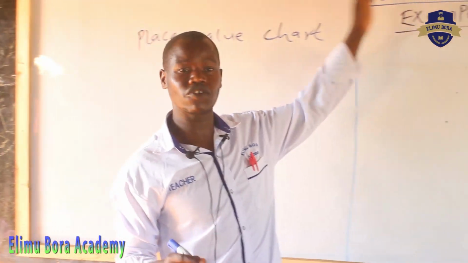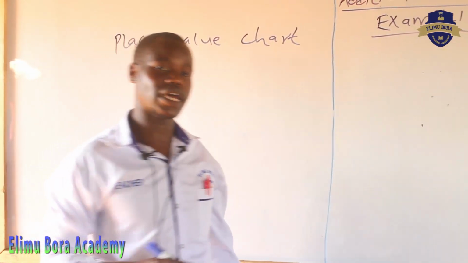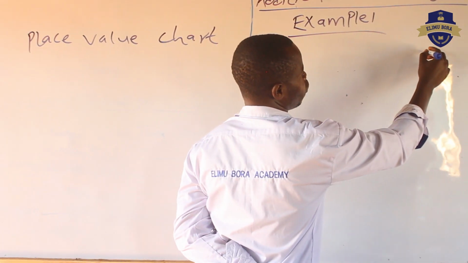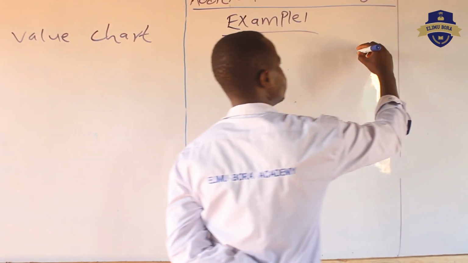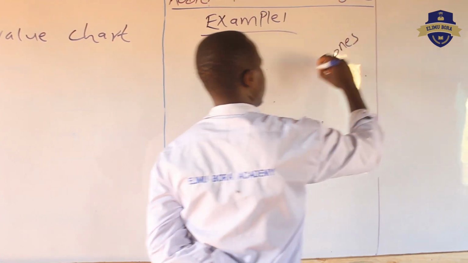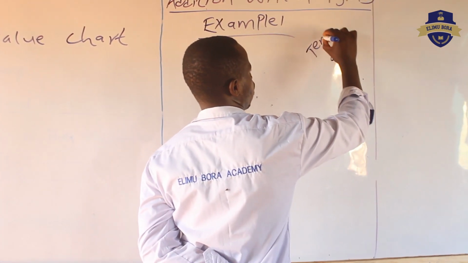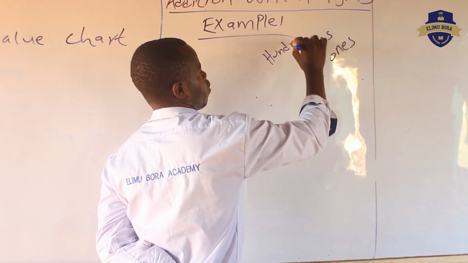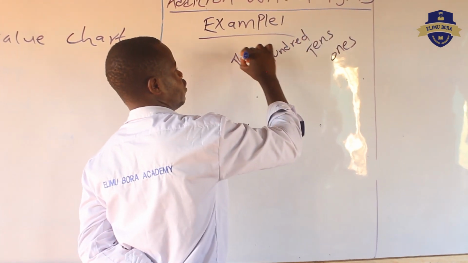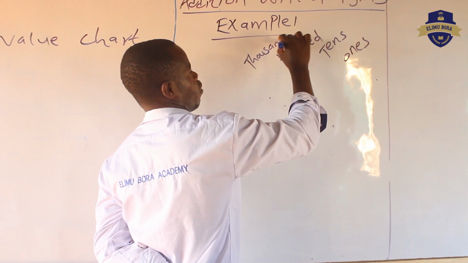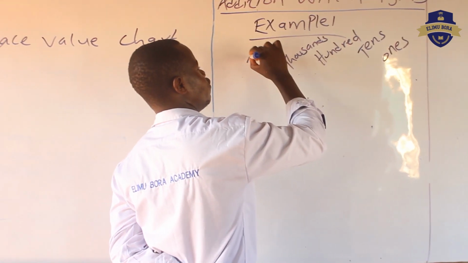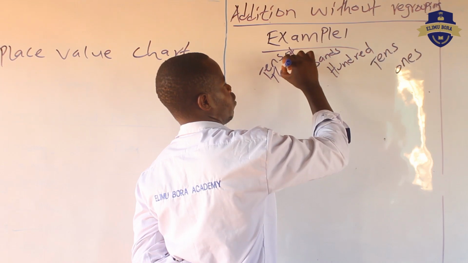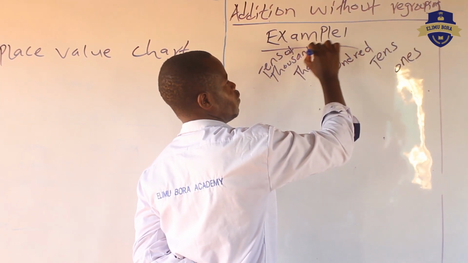When you are using a place value chart, you will start with ones on this side, and then you have tens, and then hundreds, and then thousands, and then tens of thousands.